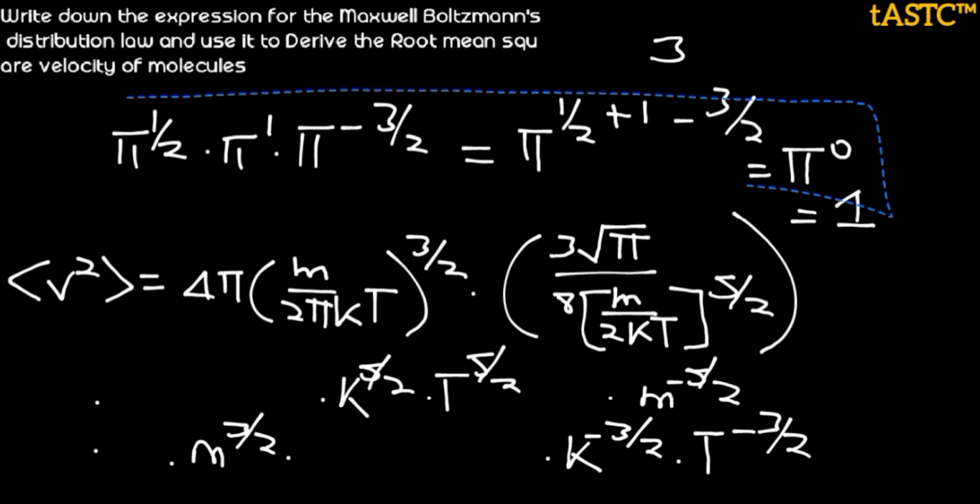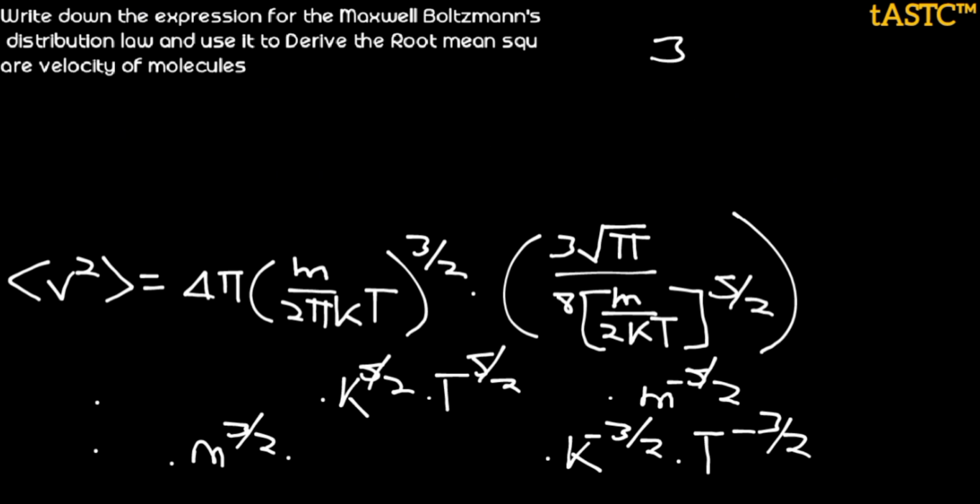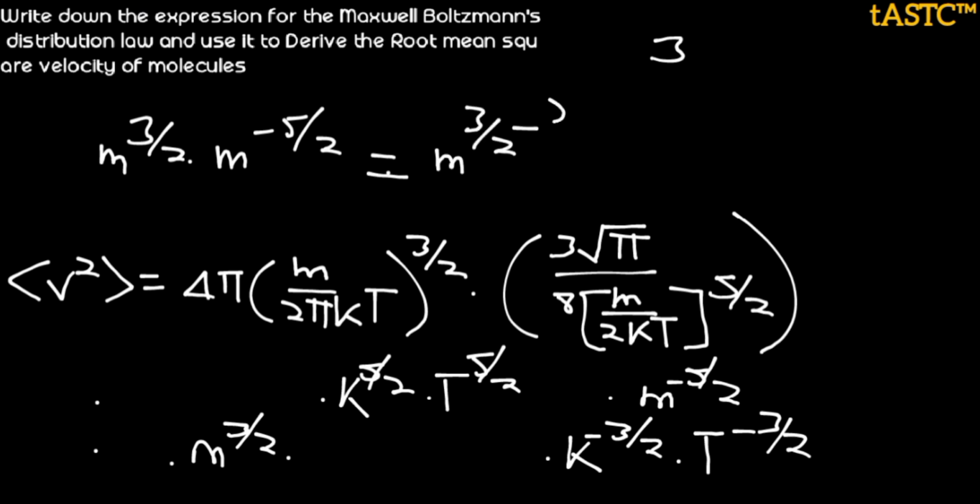Next up, we're going to move to m. So we've got m to the power of 3 halves, and that is multiplied by m to the power of negative 5 halves. So we know this is going to be m to the power of 3 halves minus 5 halves.